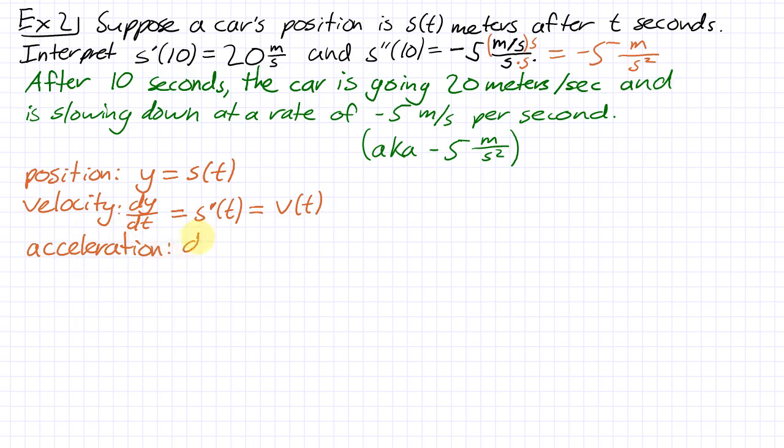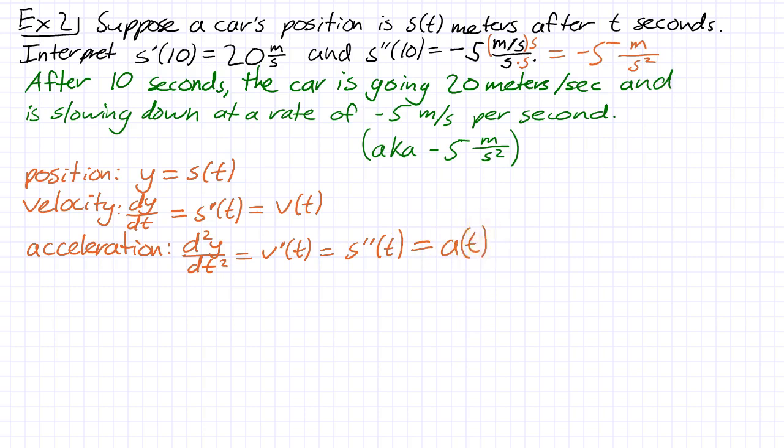And you can write that as d squared y over dt squared. You could also just write that as d, or you could write it as v prime of t. And v itself is s of t, so you can write that as s double prime of t if you want, and you could also just write it as a of t.